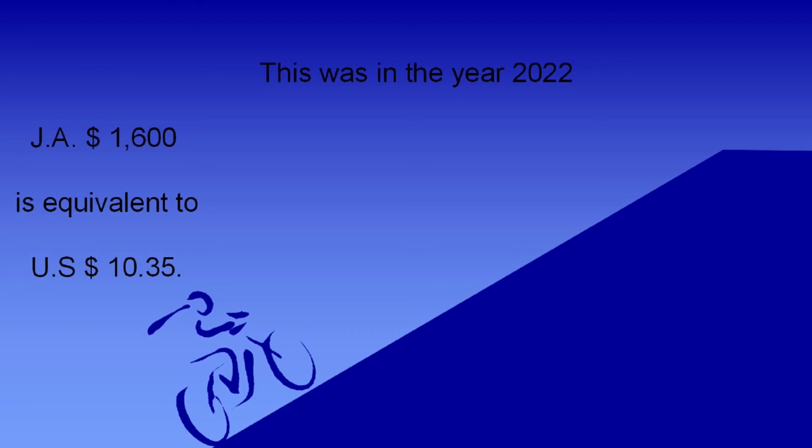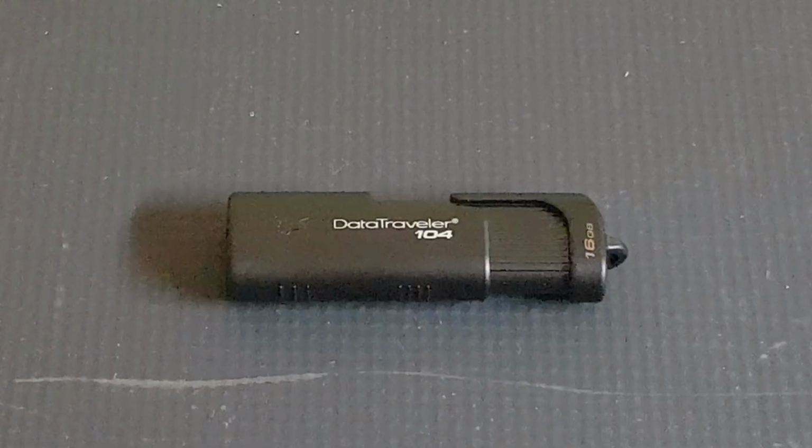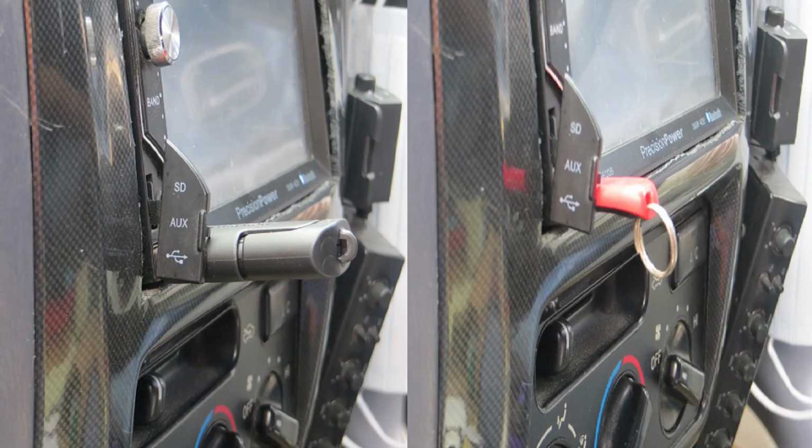What is the use case that we can see this device being put to? It can be used for very simple things, such as just moving your data around, having some music to use on the go. If you have USB in your car, you could put music on it.